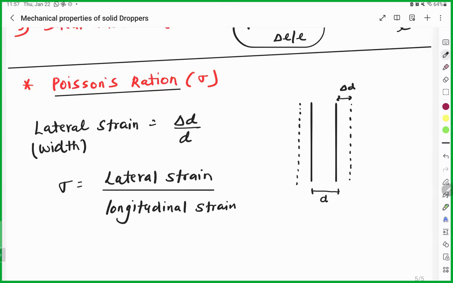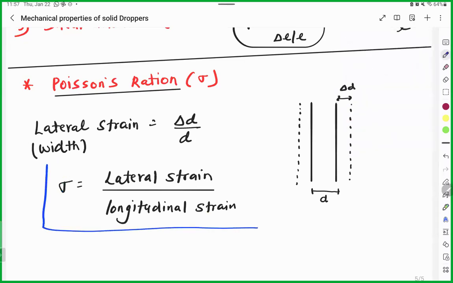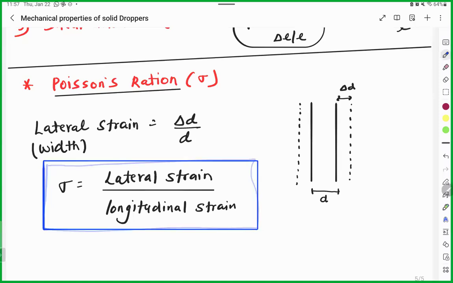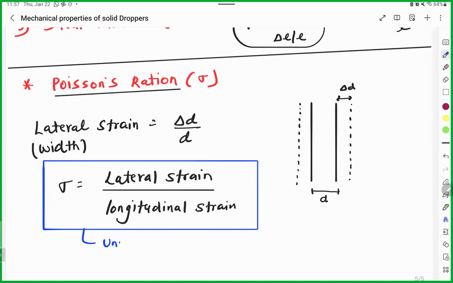What will be the unit, Jordan, of this Poisson ratio? I think there won't be any unit, because strain itself does not have a unit. So it will be unitless as well as dimensionless.